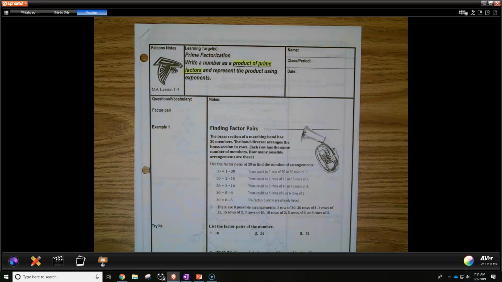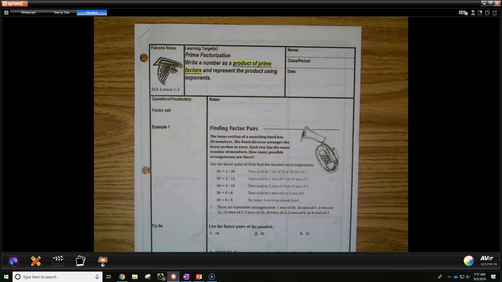Does anyone remember what a prime number is? A prime number is a number that can be multiplied by 1 and itself. Good. Prime numbers are numbers whose only factors are 1 and itself.